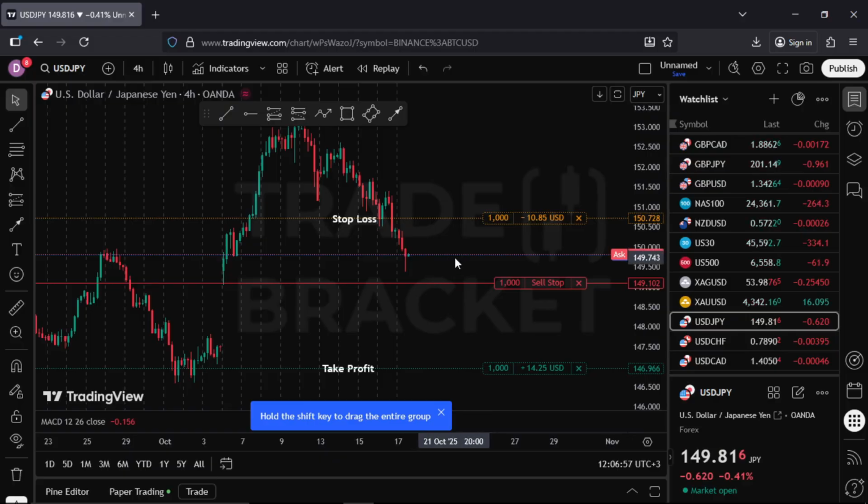We say the buy stop is an order you place above current market price, so the sell stop order will be an order you place below current market price, because you expect the market to continue with that sell momentum. You expect the market to keep going down.